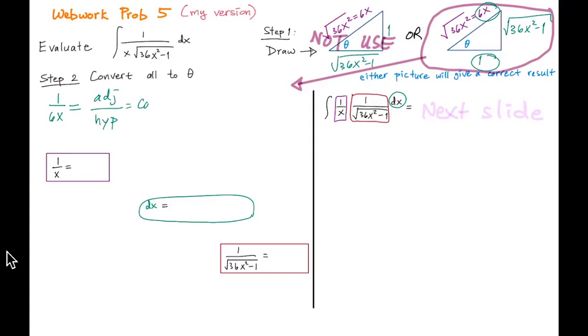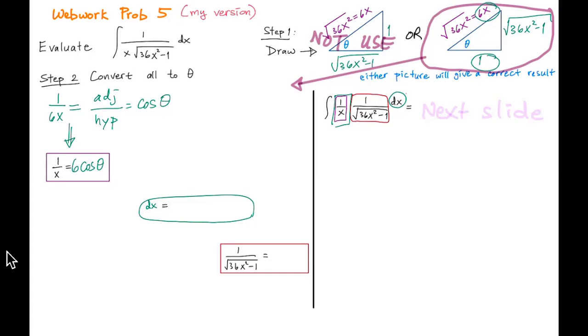So this is cosine of theta. So from here, I get that 1 over x is equal to 6 cosine theta. So that's good. So I know how to replace this first square.